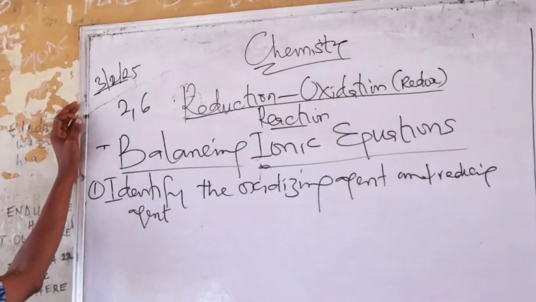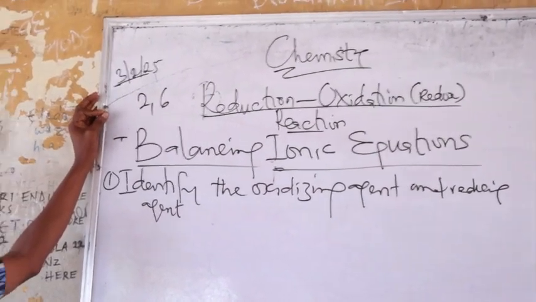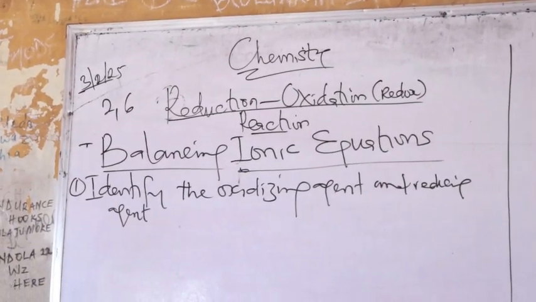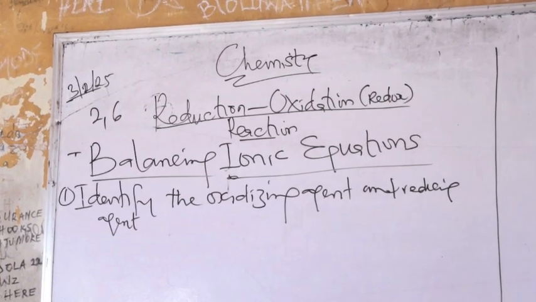Once that is done, you break the equation into two halves. You are given one equation, you break it into what? Two halves. Oxidation half equation and reduction half equation.